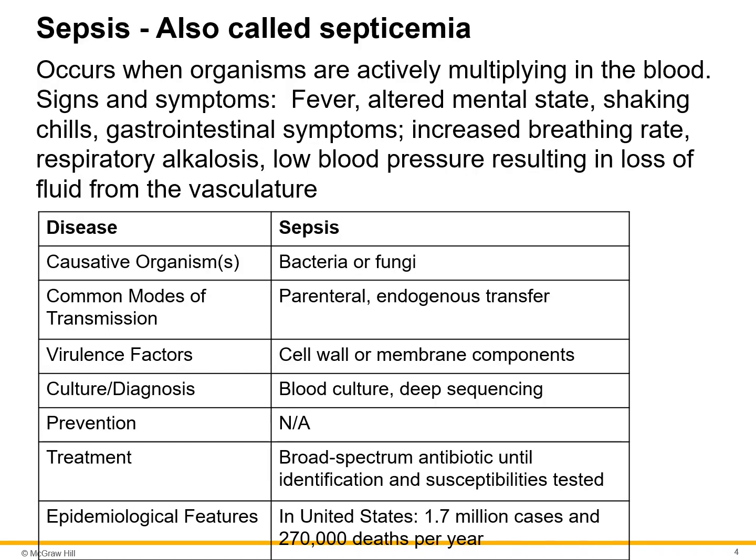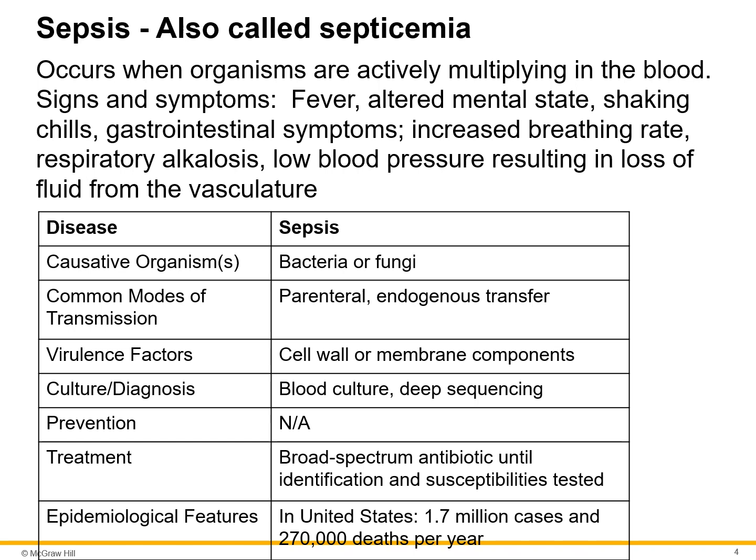Now, sepsis is a bloodstream infection, and this is going to be when the bacteria have gotten the upper hand and they're multiplying, and especially if it's a gram negative, the endotoxins are going to have an effect.